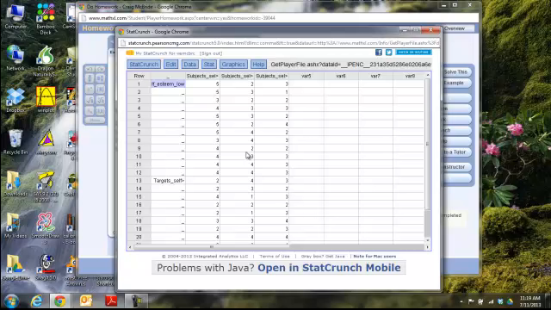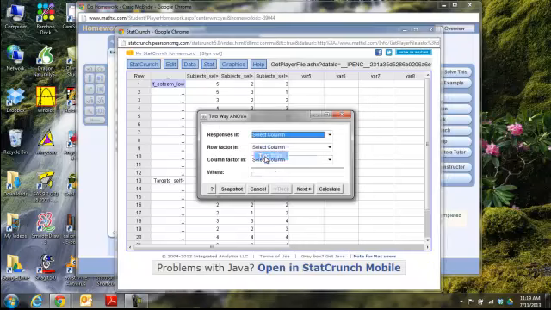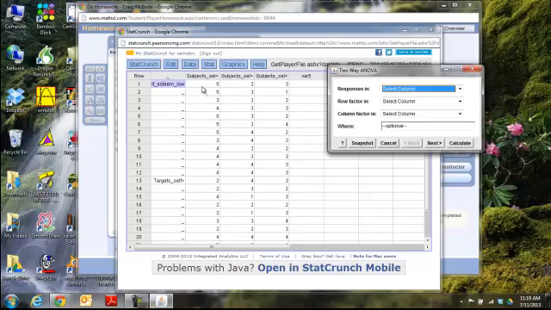That is not going to work for us when we go to calculate things in StatCrunch, because if we go to Stat, ANOVA, two-way, because this is a two-way ANOVA, it asks for the responses are in what column, the row factor is in what column, and the column factor is in which column. Well, how does that work? Our column factor, as we saw from the previous window, was the self-esteem level of the individuals.